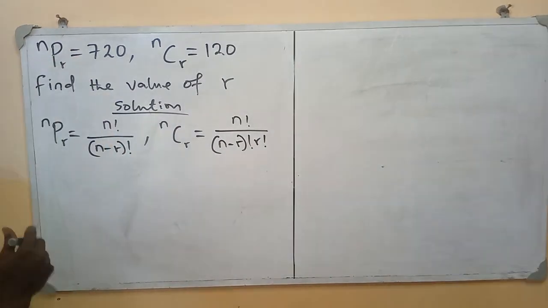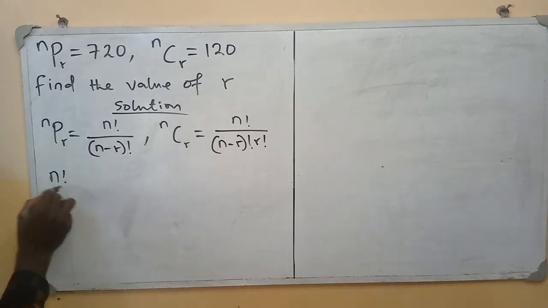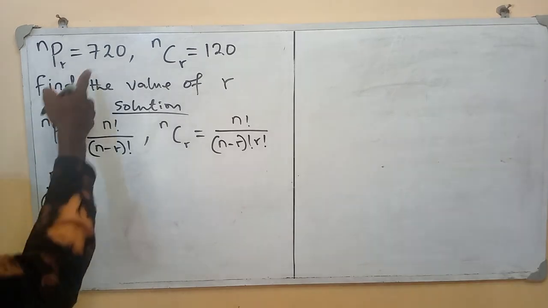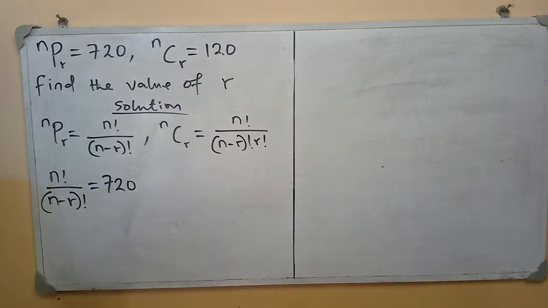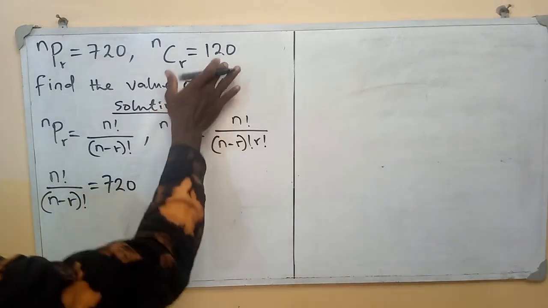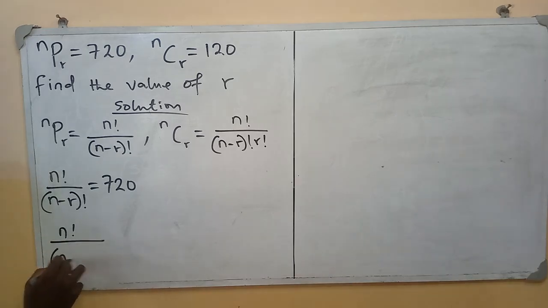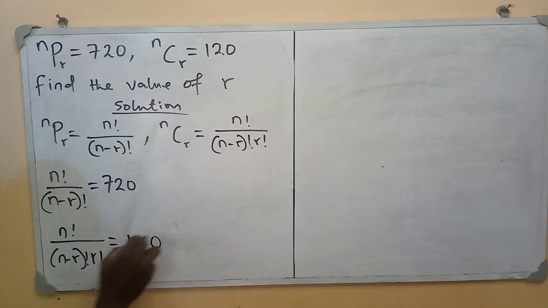Okay, for the first one, using the formula, n factorial all over n minus r factorial is equal to 720. And then the second one we have n factorial all over n minus r factorial times r factorial is equal to 120.